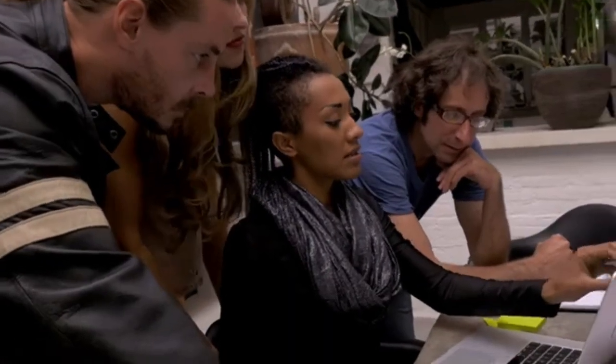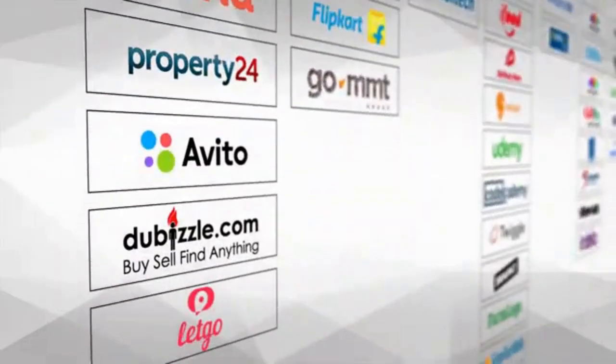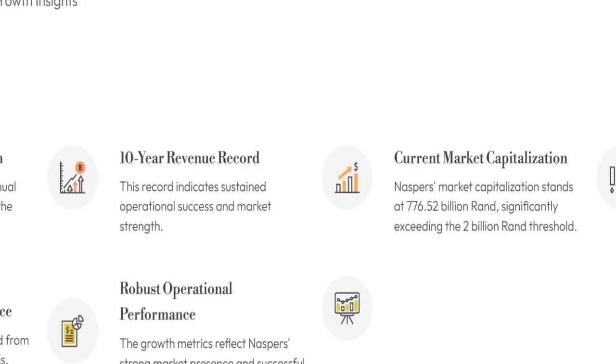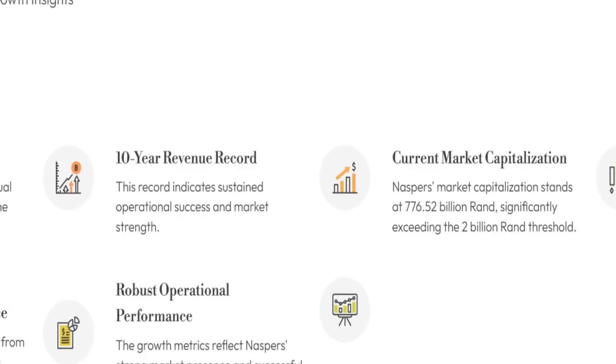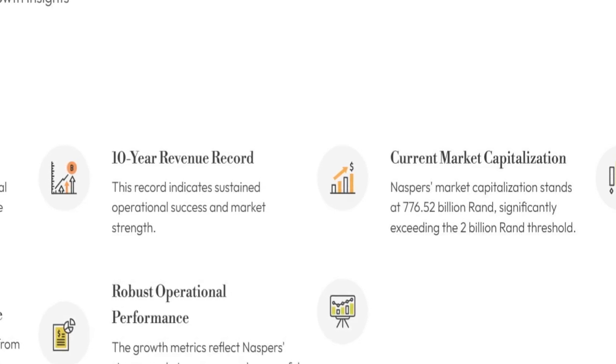Robust operational performance: the growth metrics reflect Naspers' strong market presence and successful strategies. Current market capitalization: Naspers' market capitalization stands at 776.52 billion rand, significantly exceeding the 2 billion rand threshold.